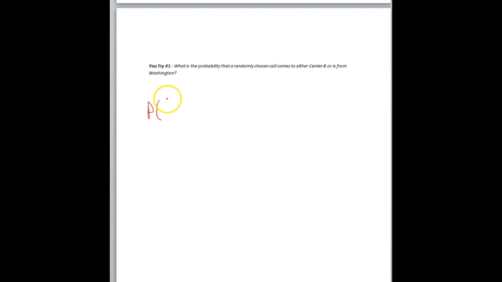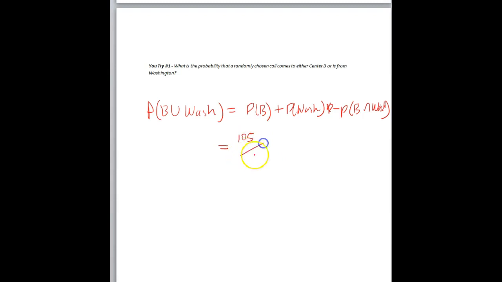So we'll just say the probability of B or is from Washington. We're just going to plug this into our addition formula, which is the probability of B plus the probability of Washington, minus the probability of their intersection. So we're going to get the probability of B, which, if you're following along with your companion worksheet, you can see is 105, because I know that it's not on the screen here.